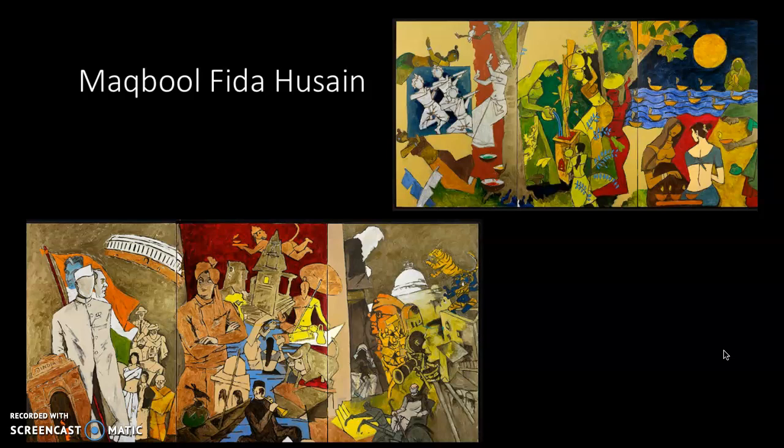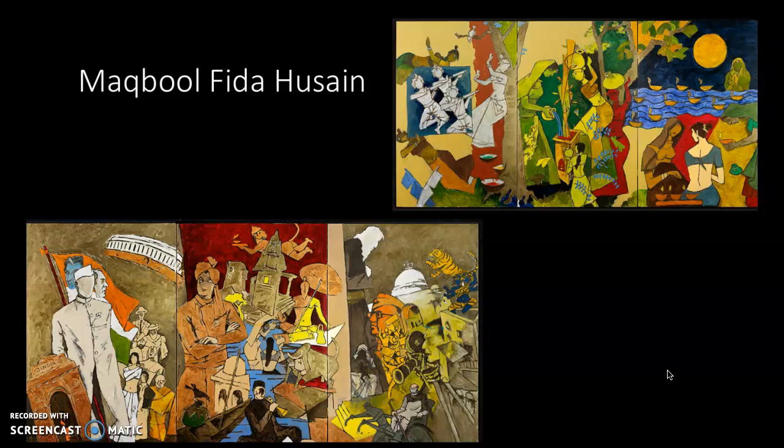and we see three different depictions of the three principal gods of the Hindu pantheon in their aspects as creator, protector, and destroyer. So creator, protector, destroyer.